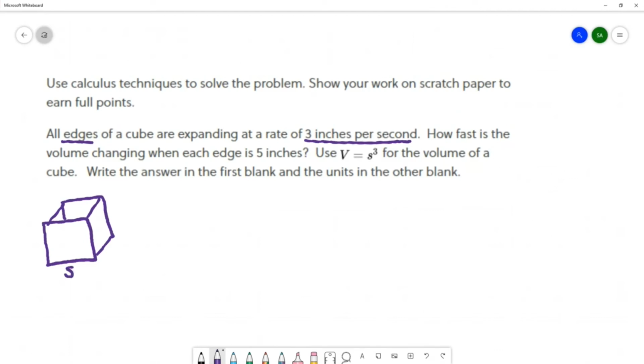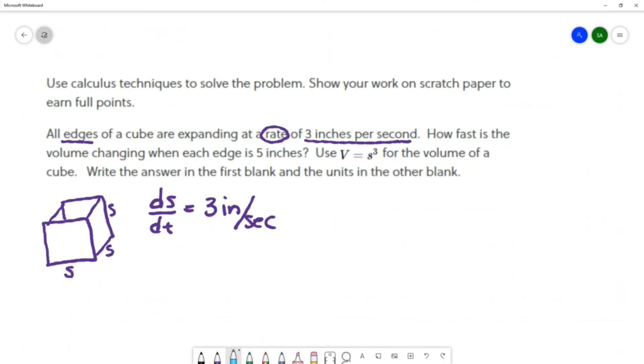So we have dimensions of S, S, and S for the length, width, and height. And so the edge is referring to the side. This is also indicating a rate of change. So it's not a fixed value of the side, it is the rate that the side is changing. So we're going to represent that as ds dt. We have 3 inches per second.